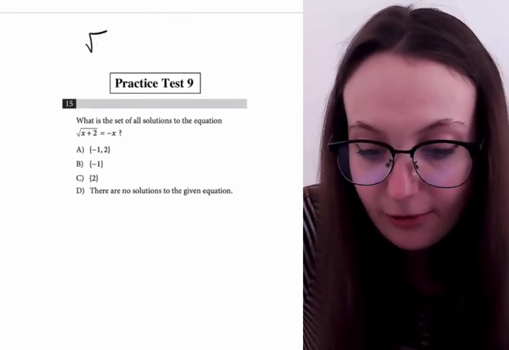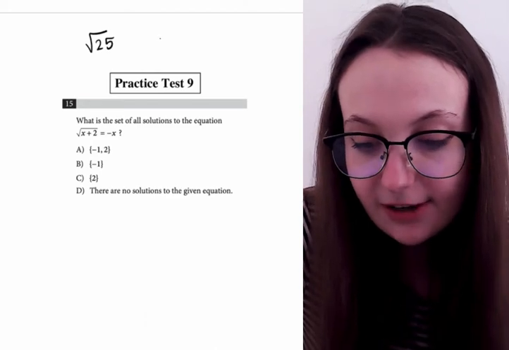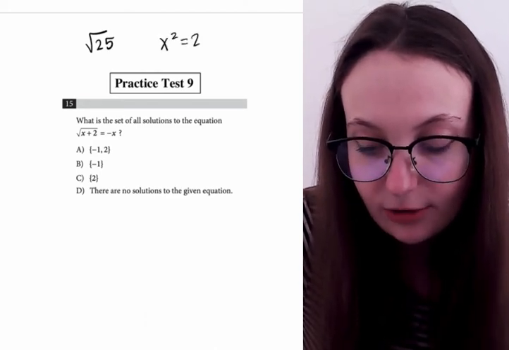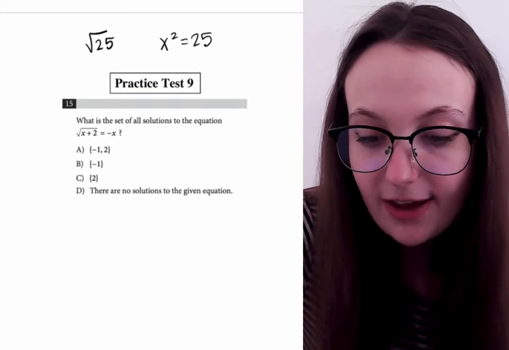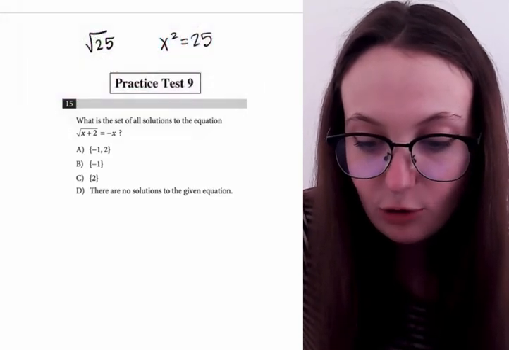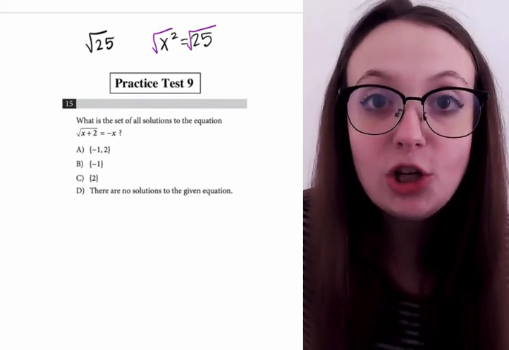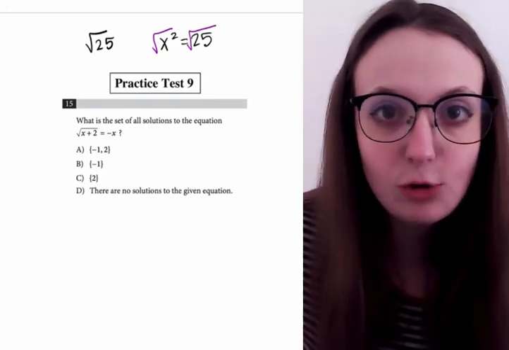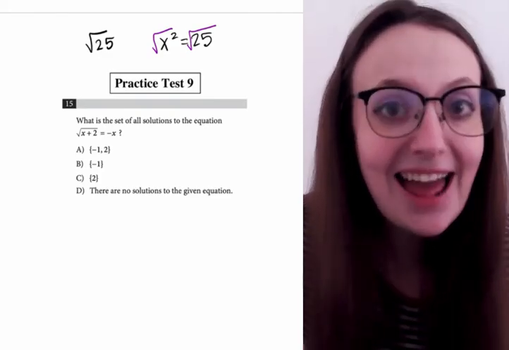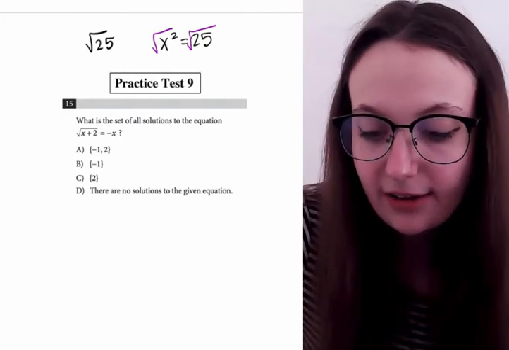So the square root of 25 is very different from x squared is equal to 25. When you have x squared equal to 25, in order to solve this, you're going to have to take the square root of both sides. When you introduce a square root as a way of solving the problem, that's when you have both a positive and a negative solution.